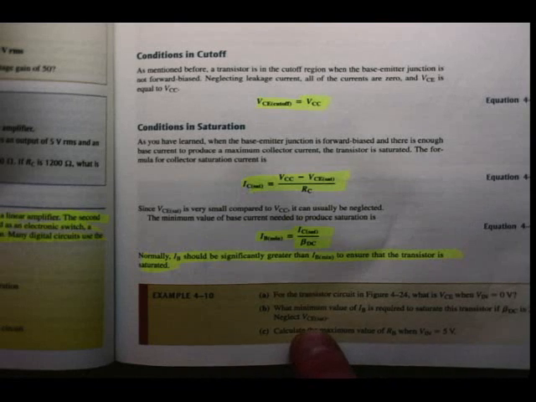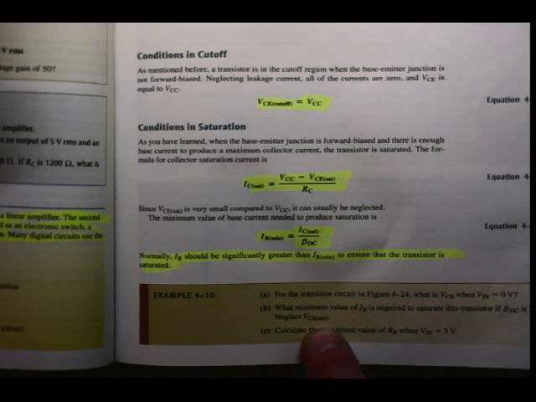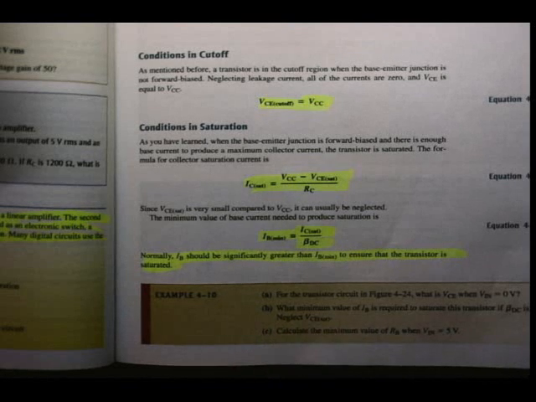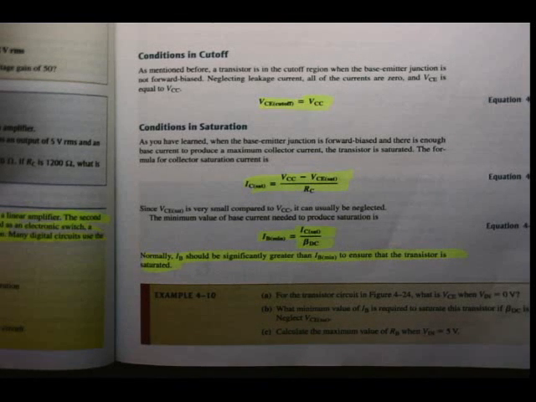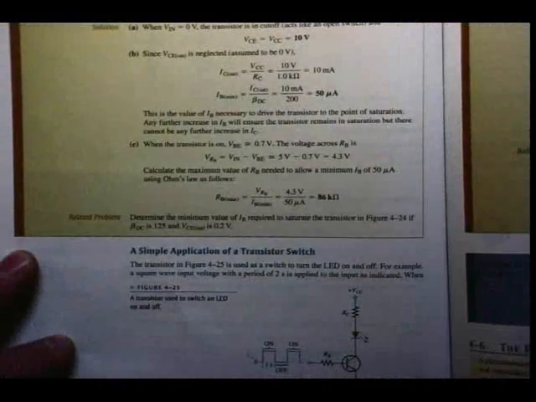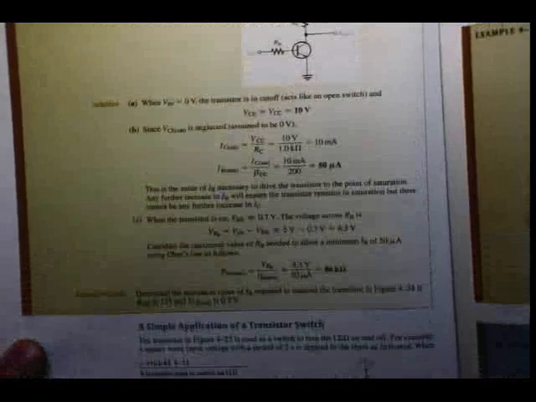And look here, neglect VCE sat. Always read the question, because if that isn't written there, then of course I cannot neglect the value of VCE. The last part is to calculate the maximum value of RB when V in is equal to 5 volts. So you will see there's just an application of the equations that we've learned.